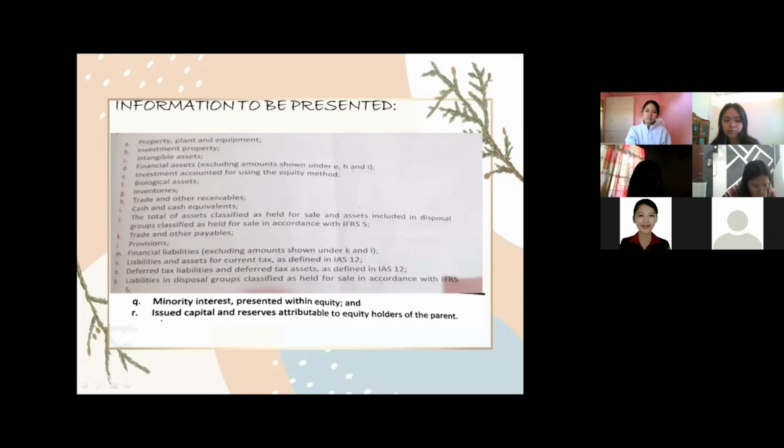K. Trade and other payables. L. Provisions. M. Financial liabilities excluding amount shown under K and L. N. Liabilities and asset for current tax as defined in IAS 12. O. Deferred tax liabilities and deferred tax assets as defined in IAS 12.